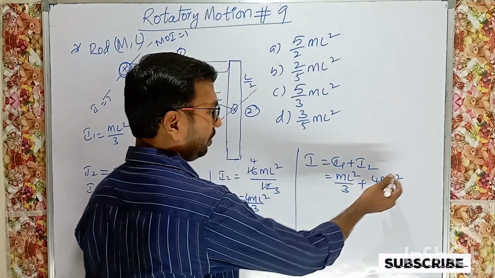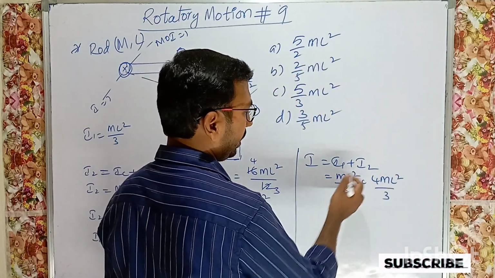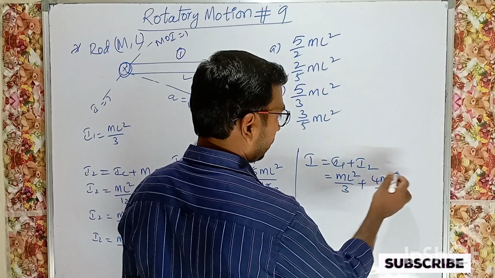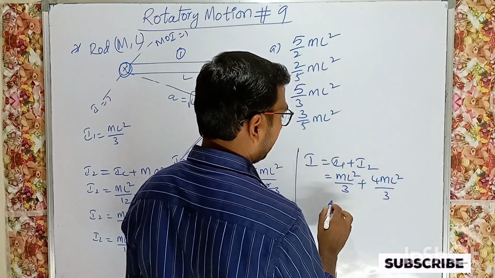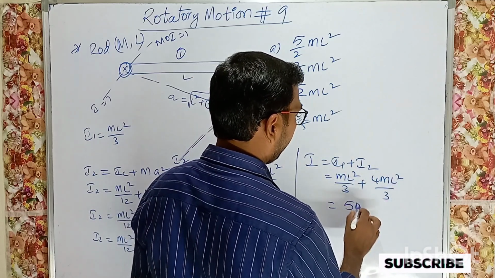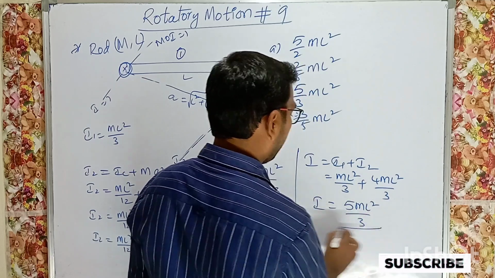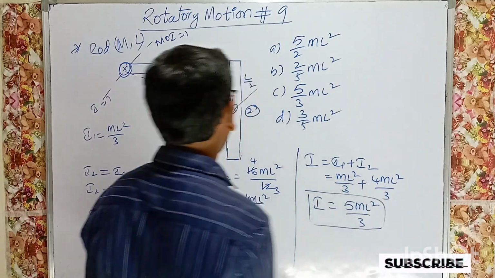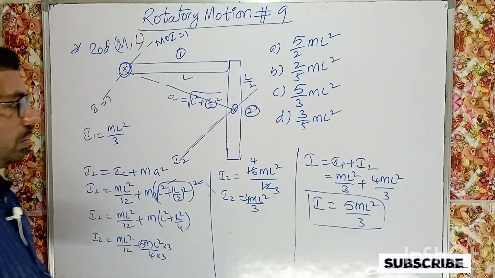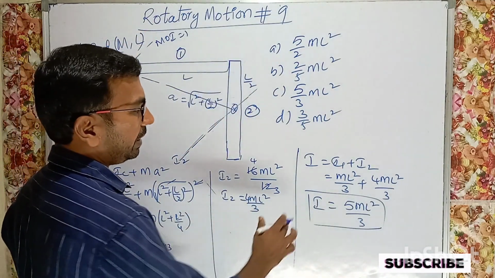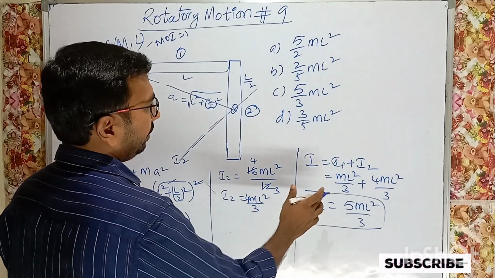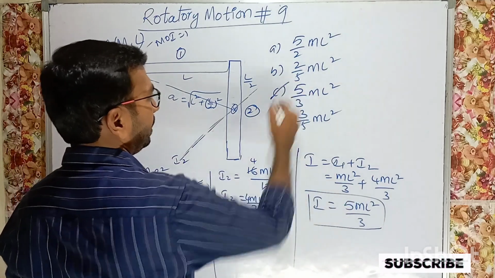So M L square by 3 plus 4 M L square by 3 is equal to 5 M L square by 3. So this is the total moment of inertia when the axis passes through this. Moment of inertia I is equal to 5 M L square by 3. Option C is right.